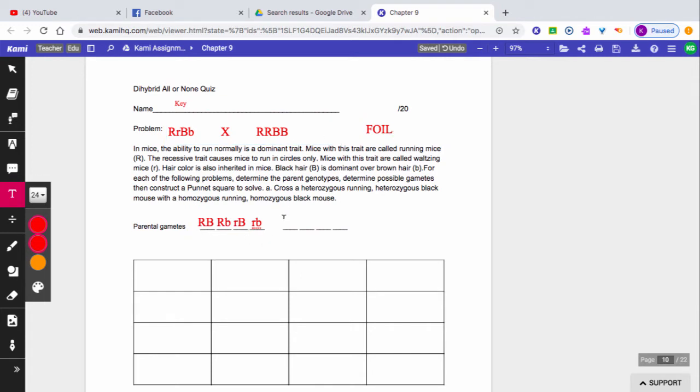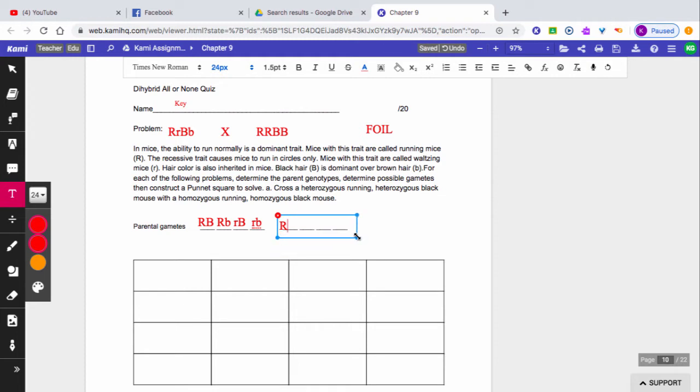And then parent 2 is very easy because he can only produce one type of gamete. So I'm going to go ahead and type it out 4 times, but just because on the quiz I want you to fill in all 16 squares because some people will have to, so it's not fair otherwise.